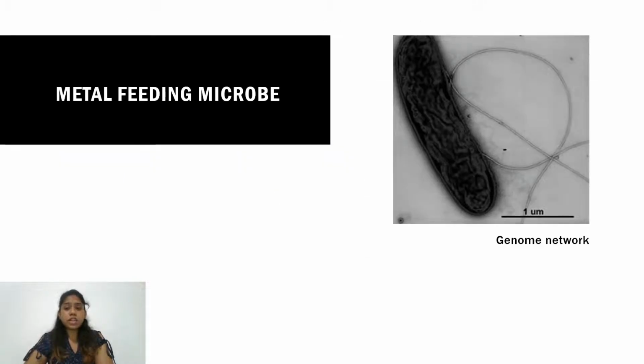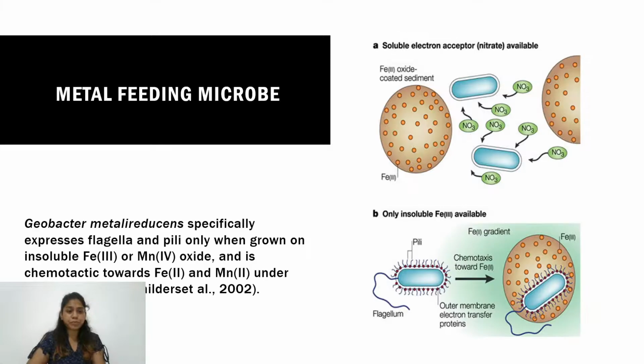The next thing that we are going to look at is a metal feeding microbe. This is that microorganism, and we can see these pili-like appendages. Pili or cilia are appendages that grow from the microorganism, which help in its movement, usually towards the food source or nutrient source that is specific for them.